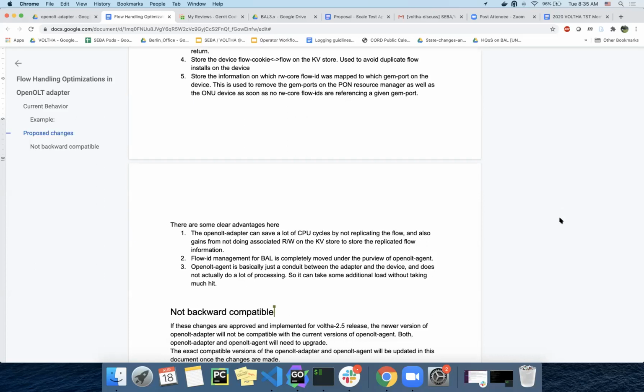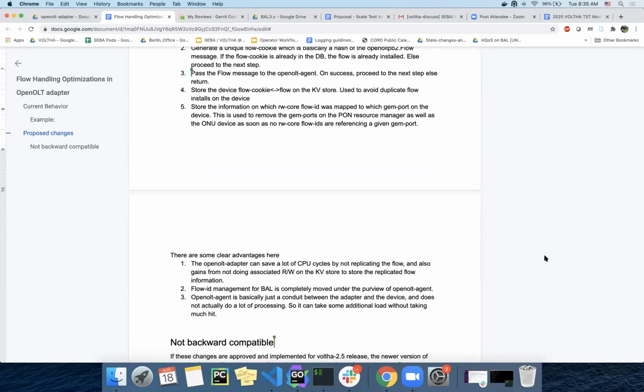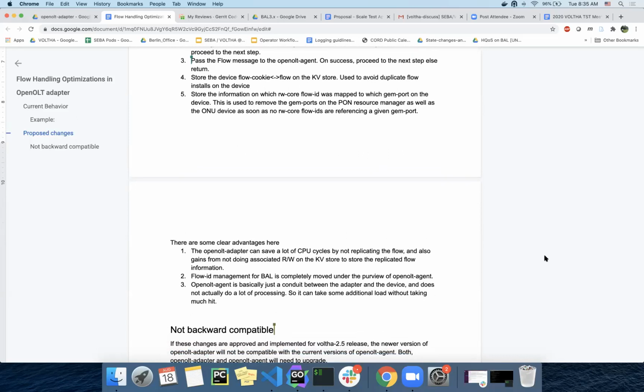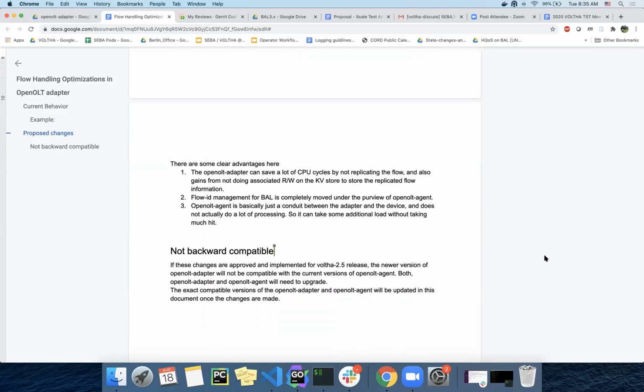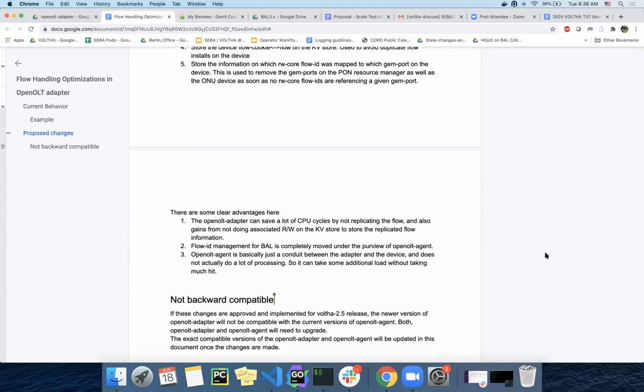But the agent as of today is not doing much processing. It's mostly a conduit between the OpenOLT adapter and the BAL, while the adapter is doing a lot of processing. And so the agent could take a bit more load. So it should not cause any significant problem there.